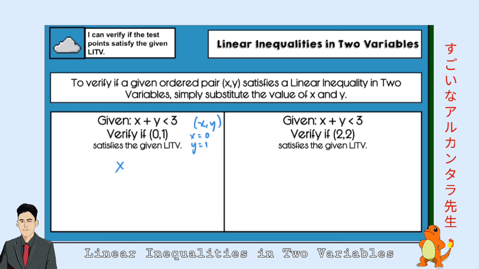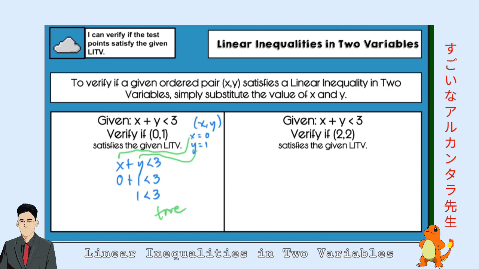So by substitution, again, do not make this complicated for you. Your x is 0, your y is 1. So you will have 0 plus 1, and it's less than 3. So 0 plus 1 is equal to 1, and it's less than 3. And we know for a fact that this is true.